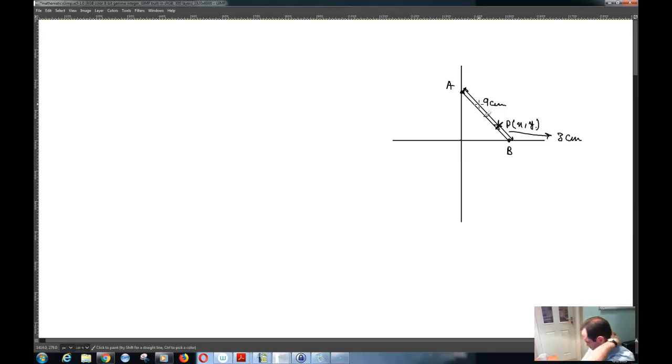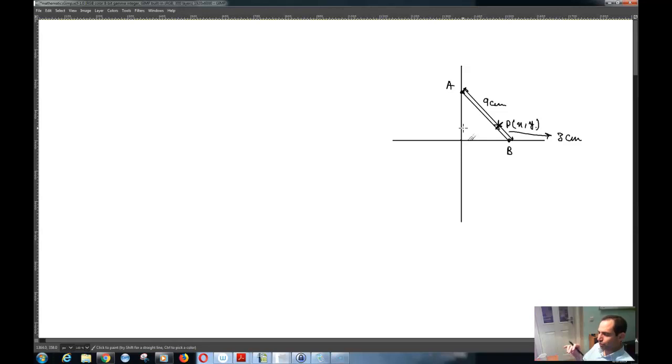I need to imagine this in my mind: you have the coordinate axes, and then you have a rod exactly vertical on the y-axis, and then it just keeps moving down in such a way that point A gradually comes down to the origin.